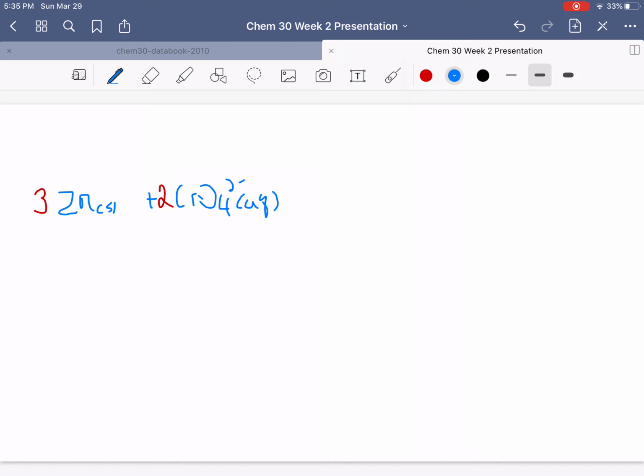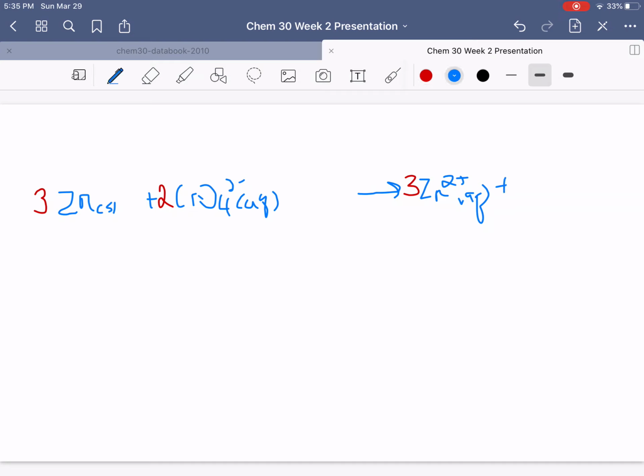Okay, leave some space, because we're going to have to balance out those oxygens and those waters. Keep going. I've got my Zn2+ aqueous, which again I had to multiply by 3 to balance out those zinc atoms.